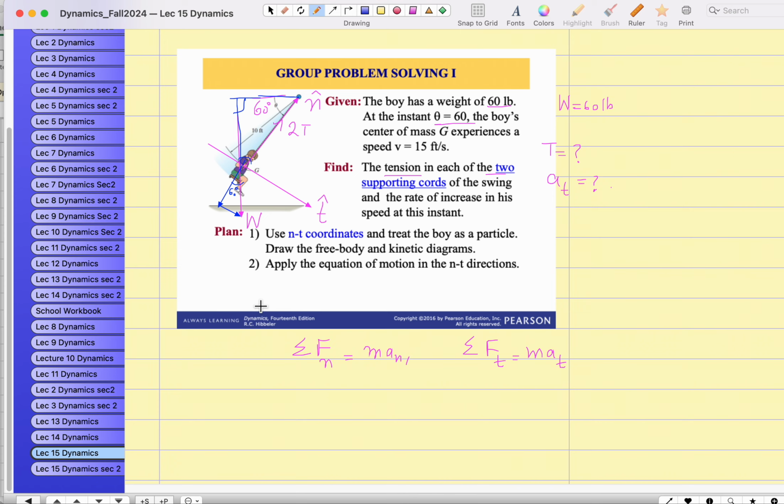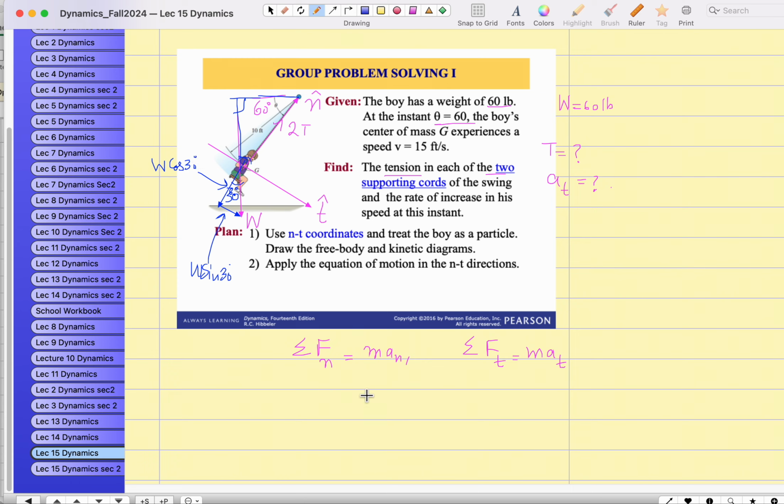Do you agree with me? This is 30 degrees, this is 30 degrees. What is this component? W sine 30. And what is this component? This is W cosine 30. Do you agree with your professor?